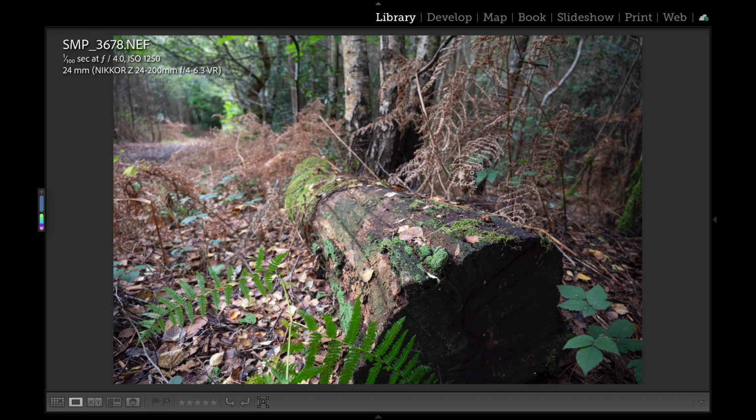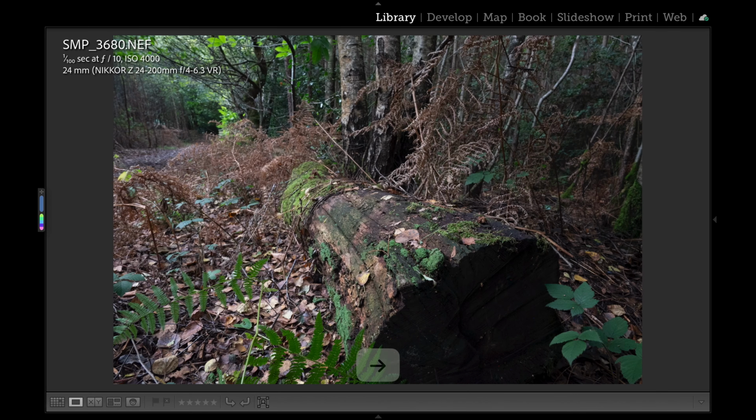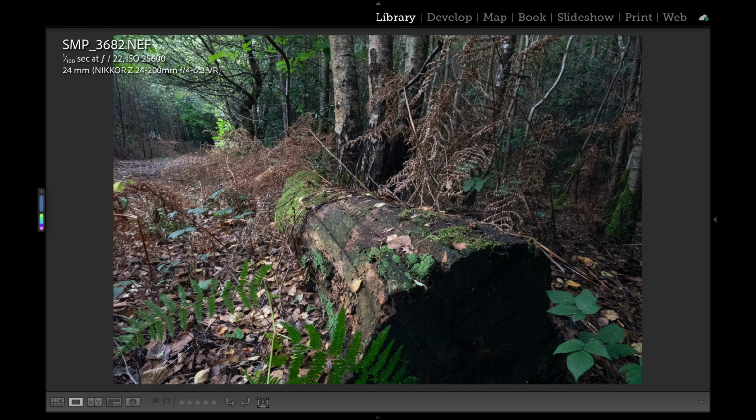So when you have a bigger number, less light comes in, so you need to make sure that you can get more light by increasing your ISO or decreasing your shutter speed, but we kept our shutter speed constant in this one. So in these pictures, we've gone all the way from f4, which is as wide open as this particular lens could get, then to f10 and even up to f22.